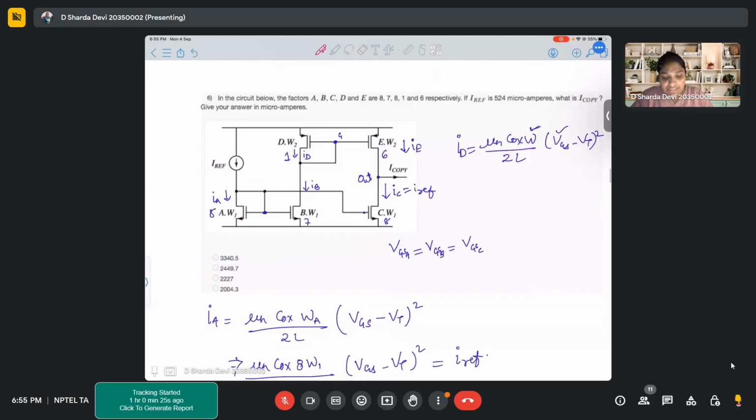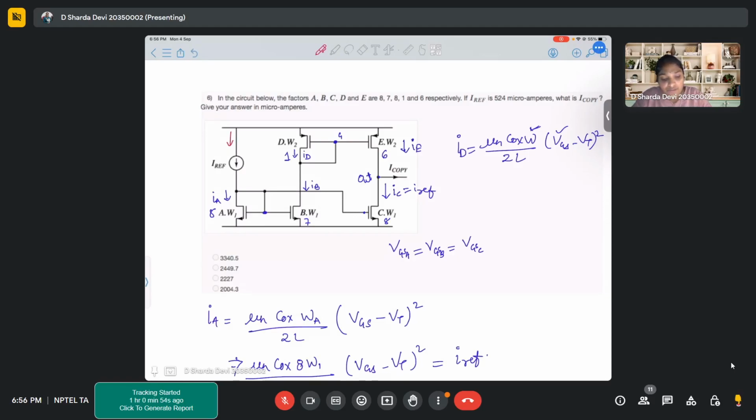See here, what we said, IREF is flowing through this first branch, correct? So that same current will flow through this transistor A, correct? So IA is equal to IREF. Now, your transistors A, B, and C have the same VGS because gates are shorted, right?